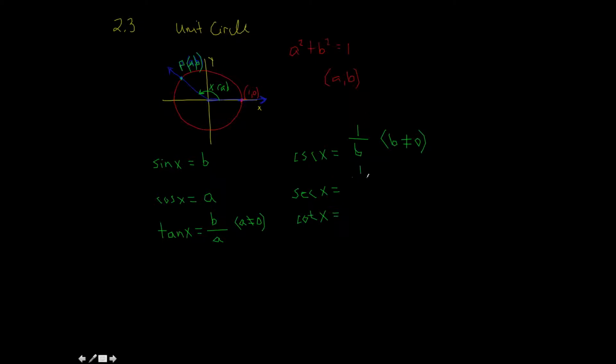Secant would be 1 over a, as long as a does not equal 0. And cotangent, instead of b over a, is the reciprocal of that fraction, which would be a over b, as long as b does not equal 0.